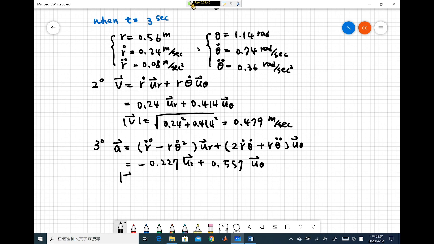Again, if you want to calculate the magnitude, you just use this 0.227 squared plus 0.557 squared, take the square root, so you can get 0.601 meter per second squared. Okay, it's also quite straightforward. The very basic thing is that you know how to derive the velocity and the acceleration from the position vector, especially for the cylindrical coordinates.